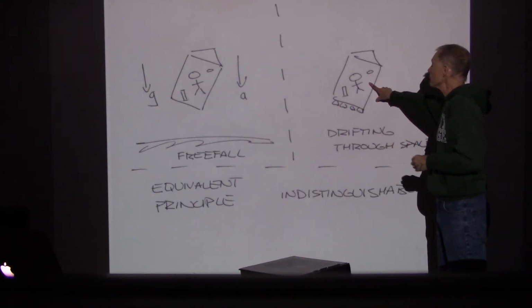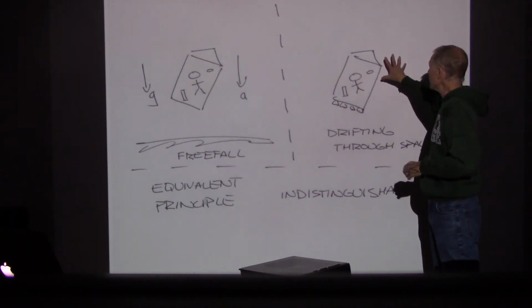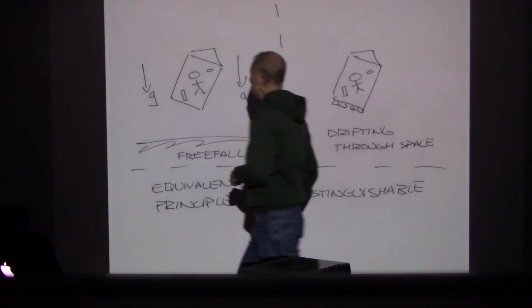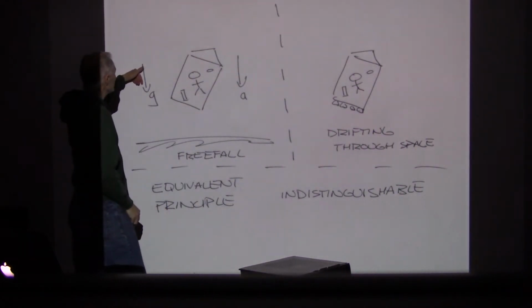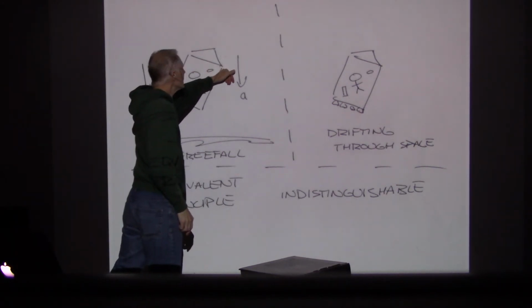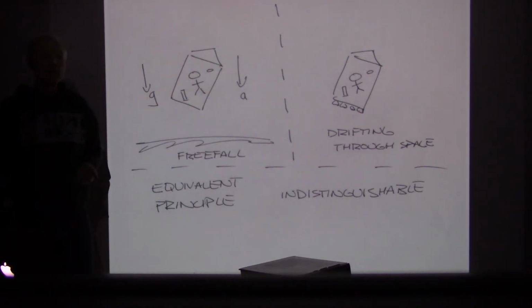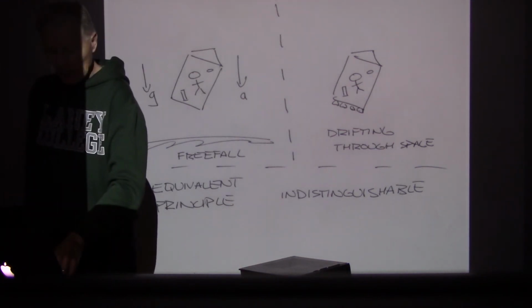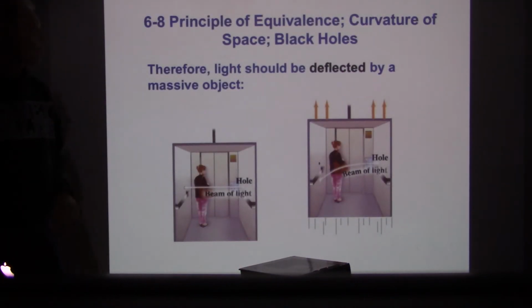But notice, I can't tell the difference between absence of gravitational fields and accelerations, or a situation where the gravitational field and the acceleration combine to cancel out each other. Okay, so that's the idea, and we said that Einstein took this one step further.